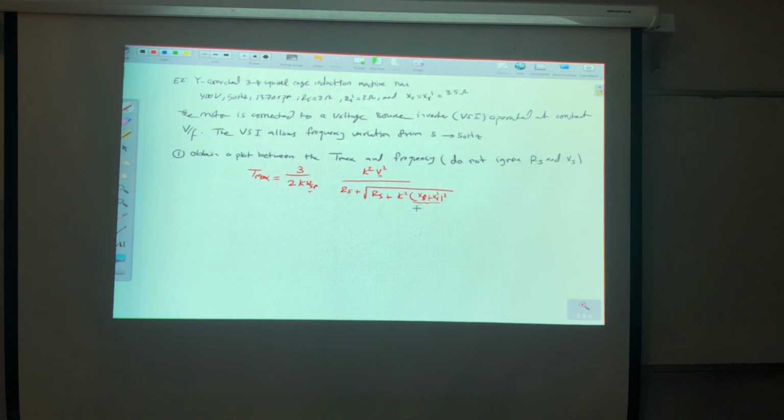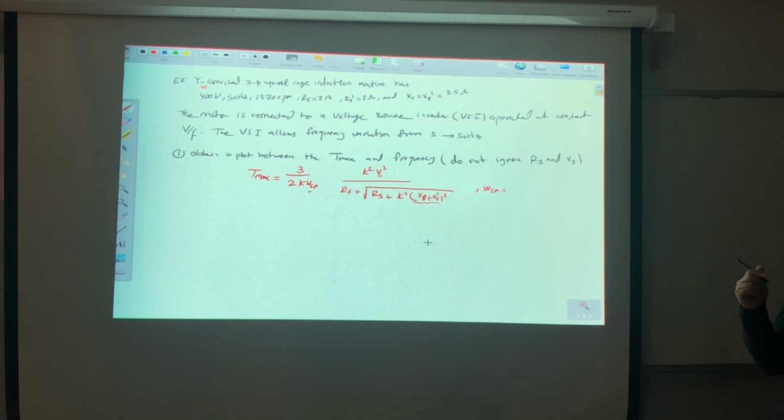Now omega Sm will equal to what? Now, this machine, how many poles does it have? 2, 4, 3, 1.5? 4. Why 4? Rated speed.